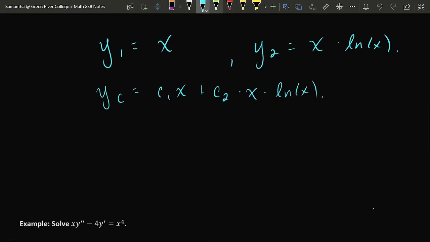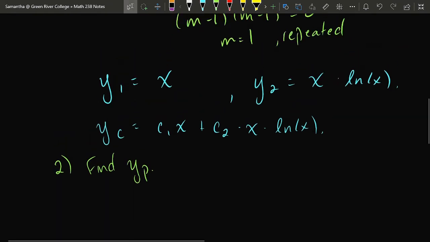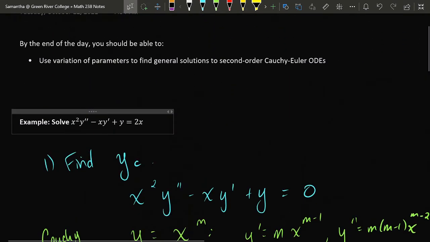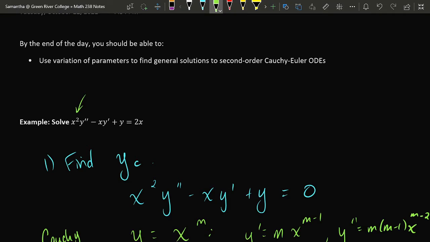Next, we need to go ahead and find one particular solution. Now, if I scroll back up to my non-homogeneous ODE, before I extract the value of f of x, I need to note that currently the differential equation is not in the right format.